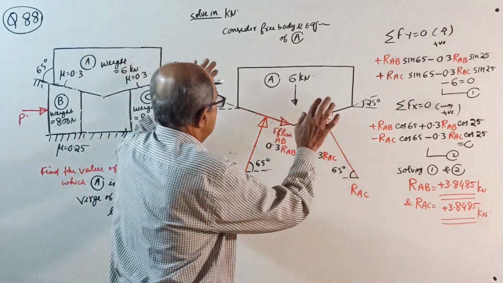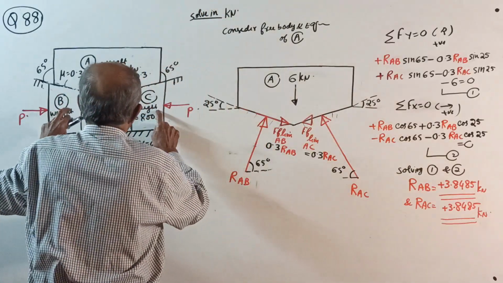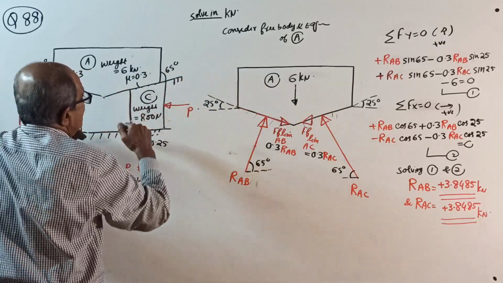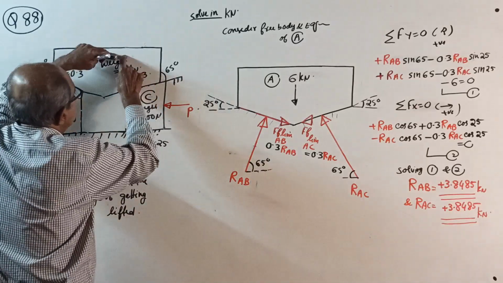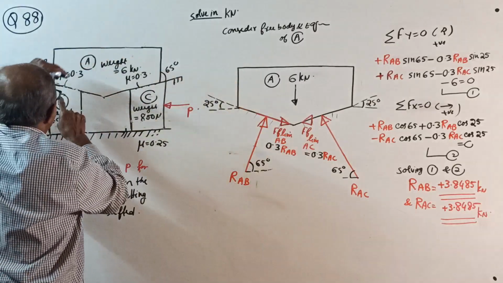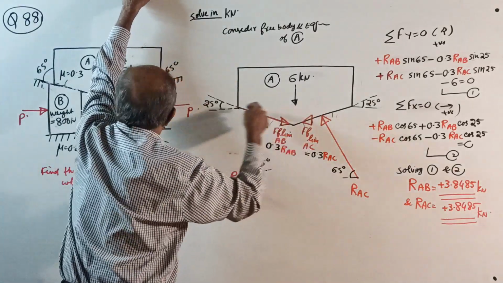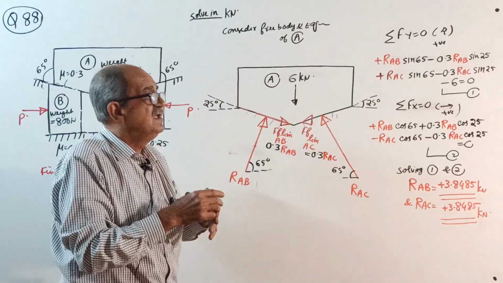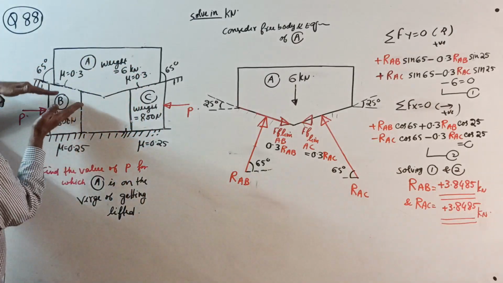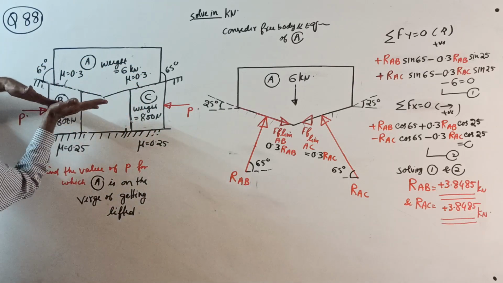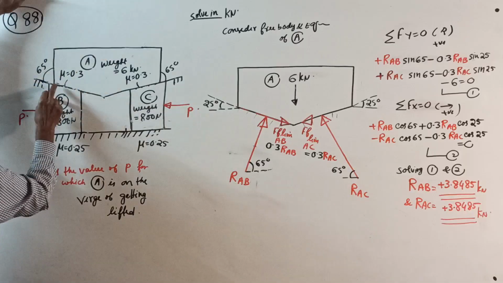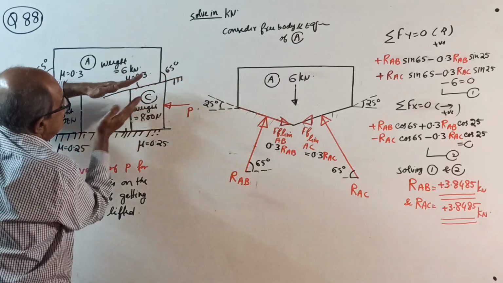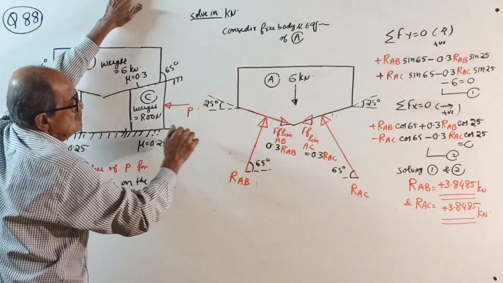Now then friction, very important. These two will rub this one this way. Therefore, for the upper block, you always have to consider the rubbing force. Or, if you go by the other method, relative motion: if this goes to the right, it will look like it is going to the left, so friction is to the right. If this goes left, it will look like going right, so friction is this way.